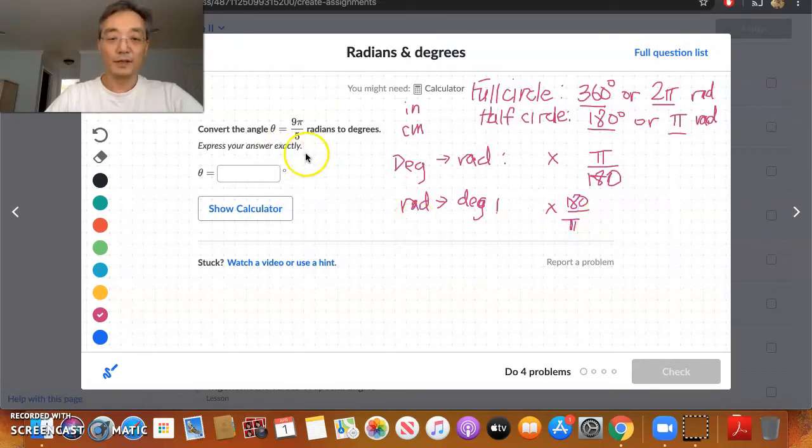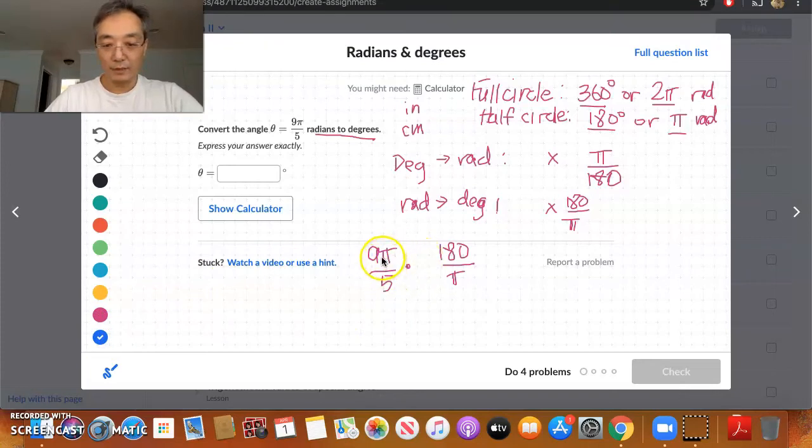So in this case, we want to go from radians to degrees, so we're going to multiply 9 pi over 5 by 180 over pi. Let me use a different color to do the canceling.